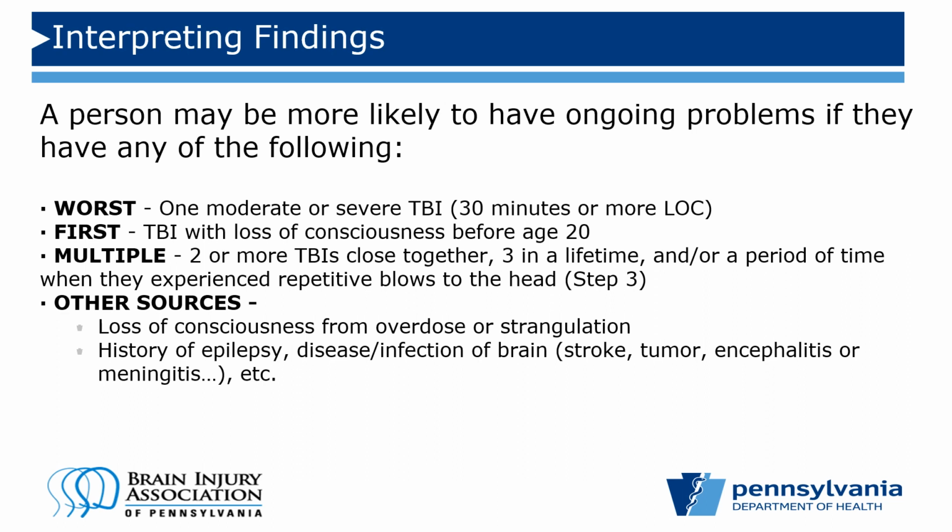The next category is multiple. Here we're looking at whether or not the individual had several traumatic brain injuries close together in time, 3 across their lifetime, or a period of time when they had those multiple blows to the head, repetitive blows to the head that we talked about in step 3, the kinds of blows that come from perhaps boxing or child abuse. If the individual has yes to any of those questions, we are going to be considering this a positive screen. And then finally, we're going to move to those other sources of brain injury, the non-traumatic causes.